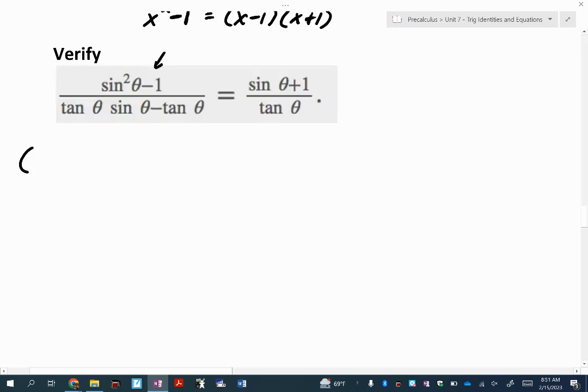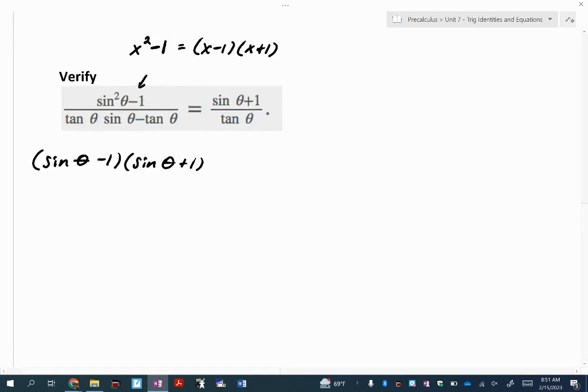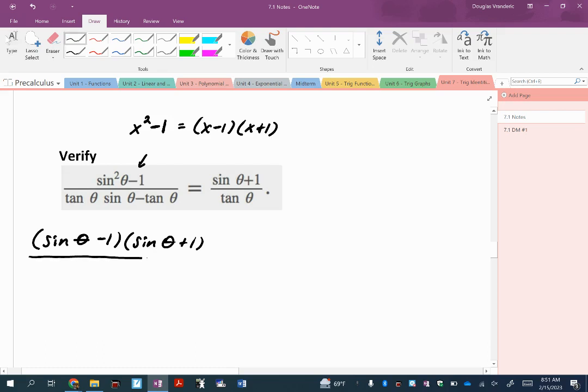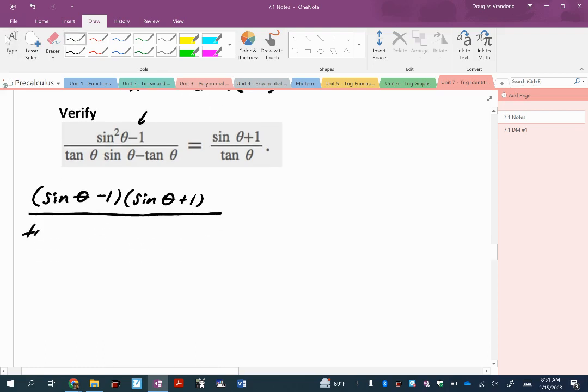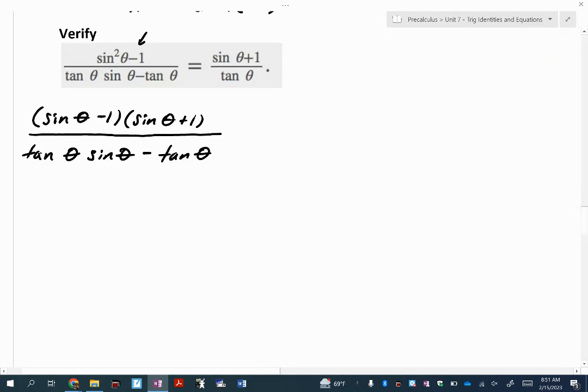So I'm going to factor this as the difference of two squares. So sine of theta minus 1 times sine theta plus 1. All right, and so I'm going to write down, let me copy down the denominator first. So tangent of theta times the sine of theta minus tangent of theta. So in my algebra work that I did here, I did dots.